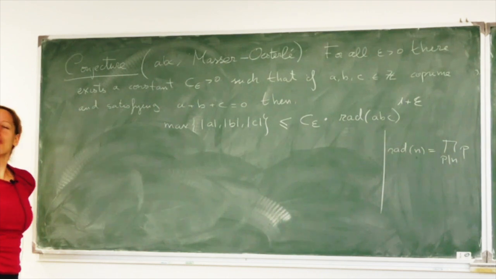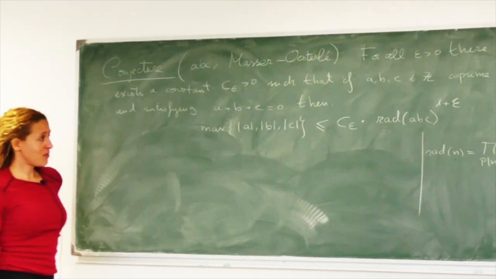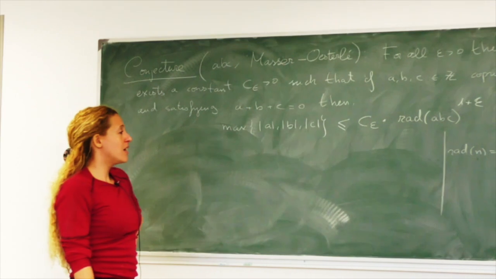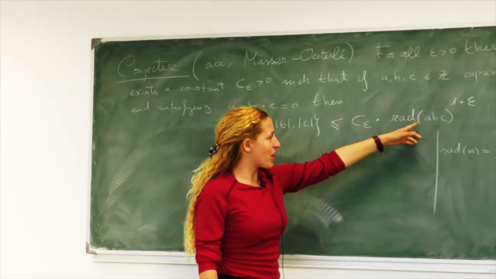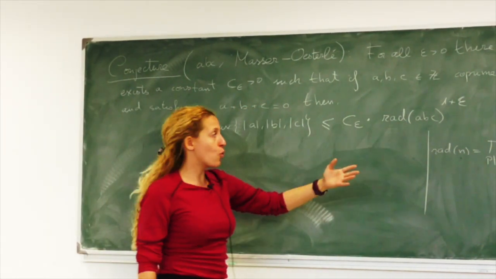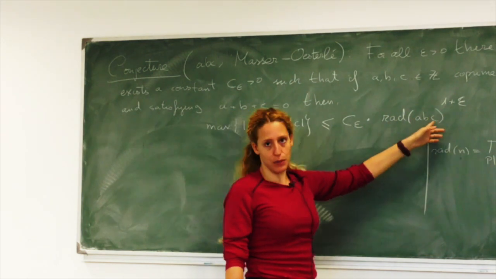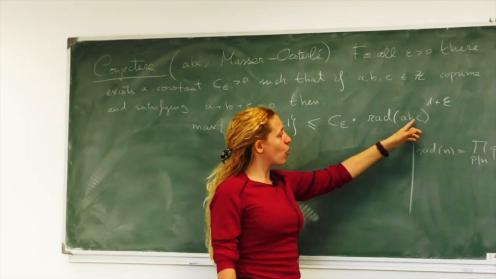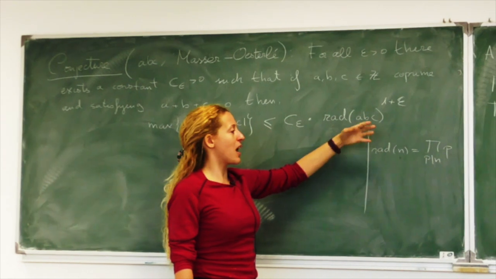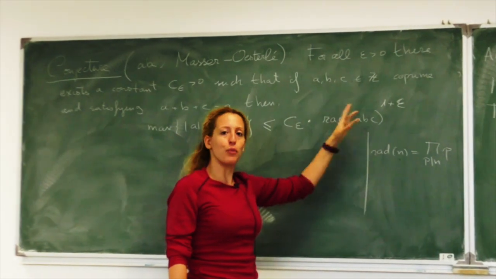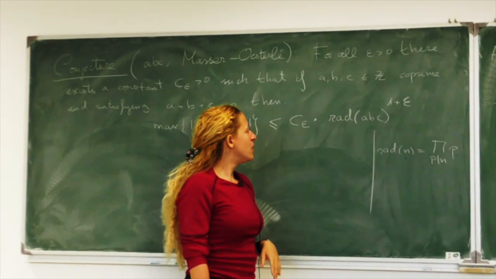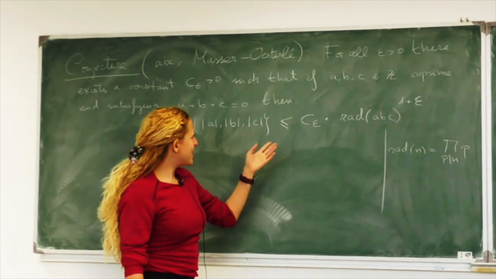So how should you understand it? Basically the radical is smaller than the product, and it is almost the same thing when you have small powers of the primes dividing it.